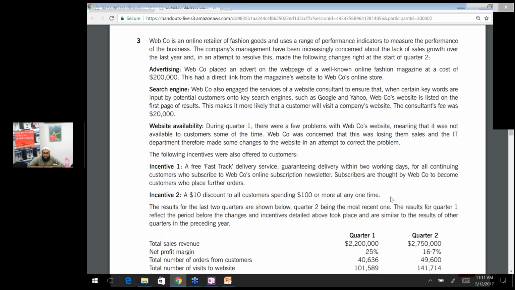If you have any comparative, you need to compare. And remember, anything without comparison is of no use. Anything isolated, you cannot compare. So it is very important that you compare, either with the previous year figures, or the competitor, or the industry data.